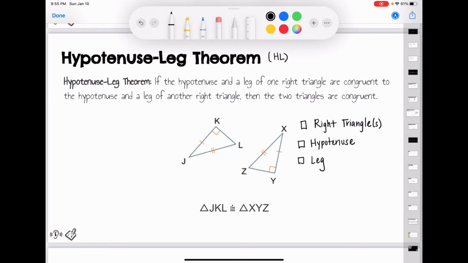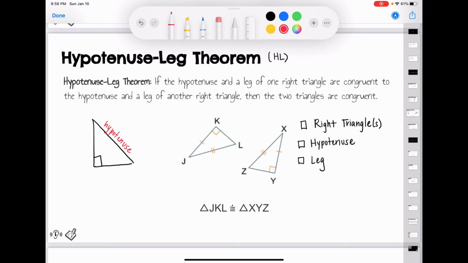Well, whenever we have a right triangle, so I'm going to draw a right triangle here, we have what are known as legs and hypotenuse. The hypotenuse is always the longest side in a right triangle, and it is always located right here. So here we have our hypotenuse.